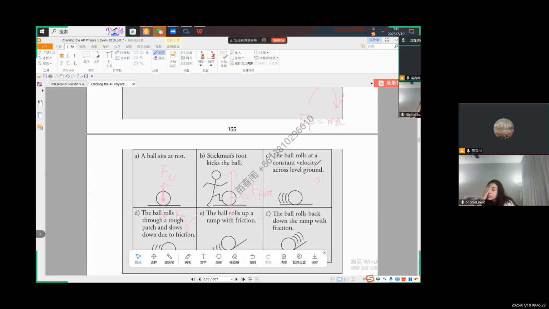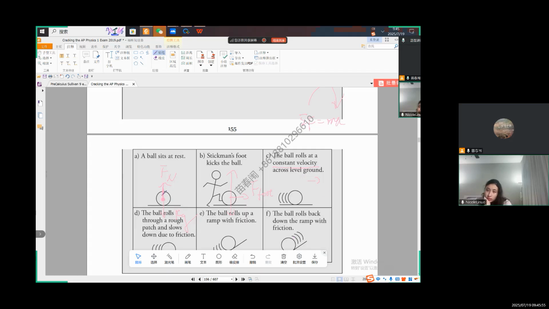If it is constant velocity, which means Newton's first law is applying here, right? So it has no friction. So there's no friction. Does that make sense? Yes, because horizontally, if there is friction, you gotta decelerate, right? It's gonna be constant velocity.